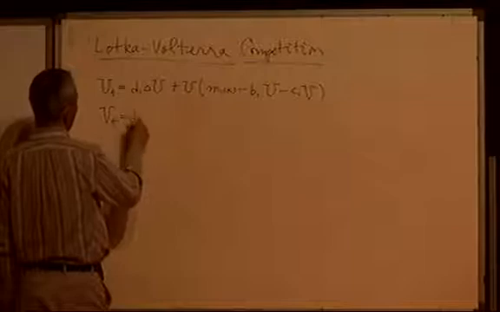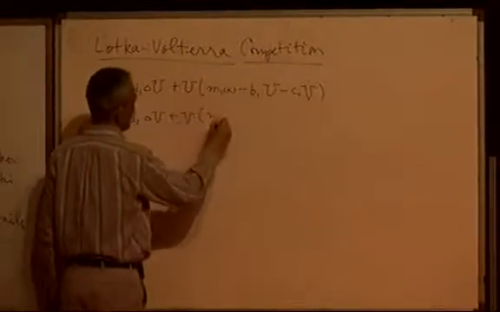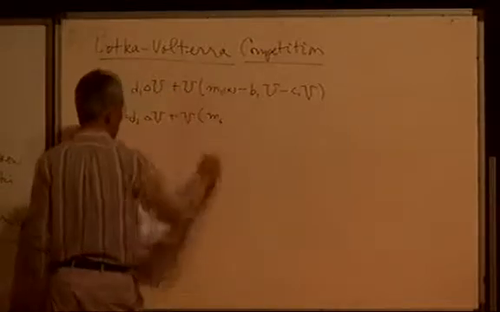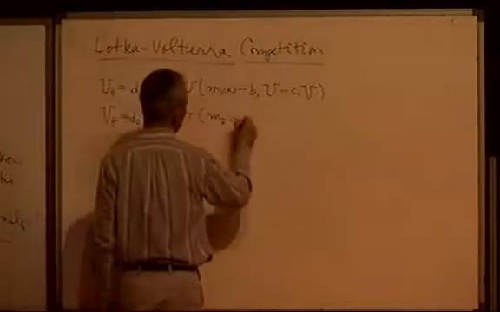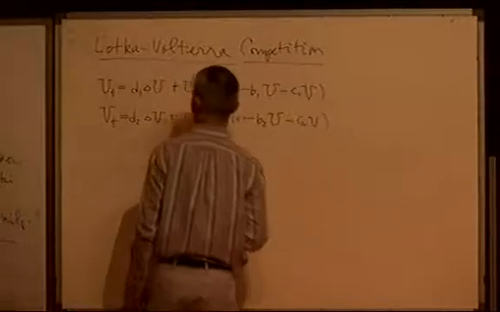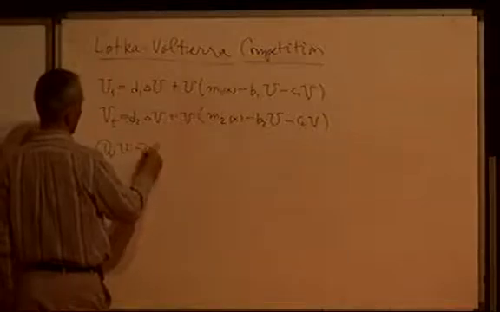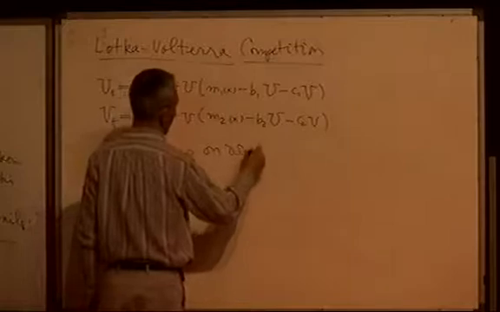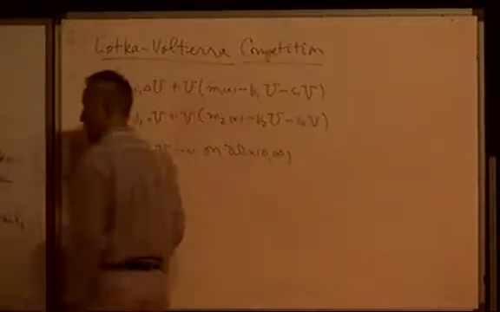Vt is D2 Laplacian V plus V(M2(x) minus B2 U minus C2 V). And then I have Neumann boundary conditions again, and initial values.